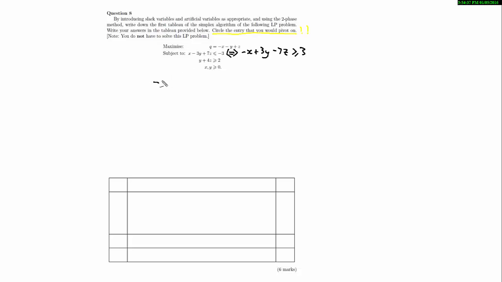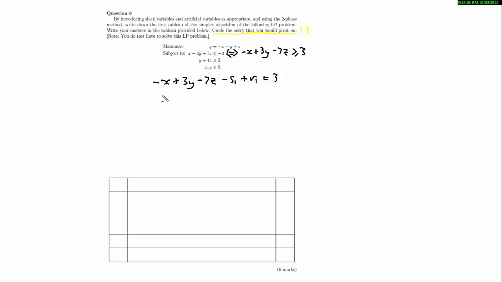So in this first constraint, let's rewrite this now. We've got minus x plus 3y minus 7z and minus our first slack variable, which we'll call s1, and then adding our first artificial variable, which we'll call r1, and then writing equals 3.